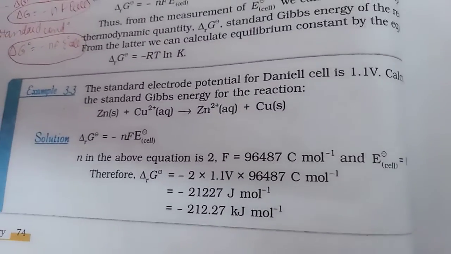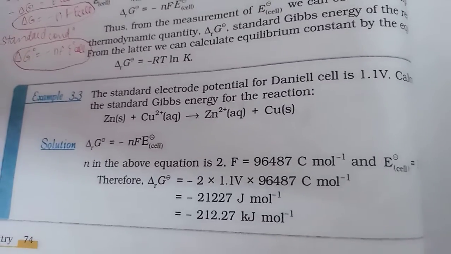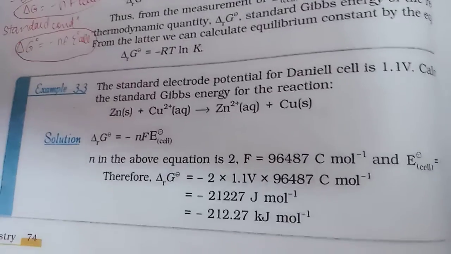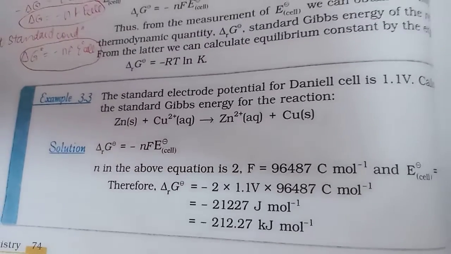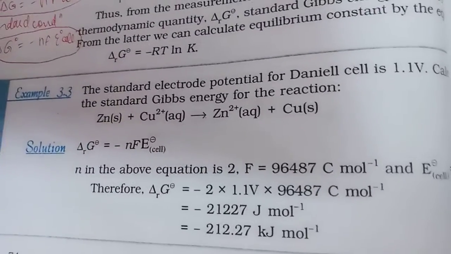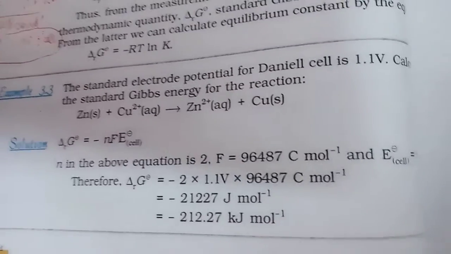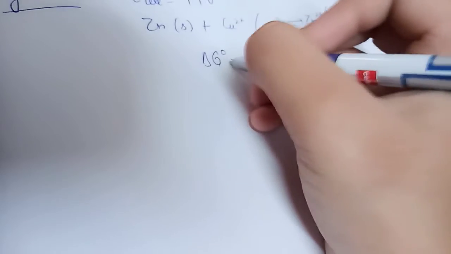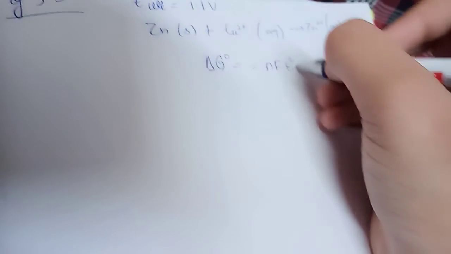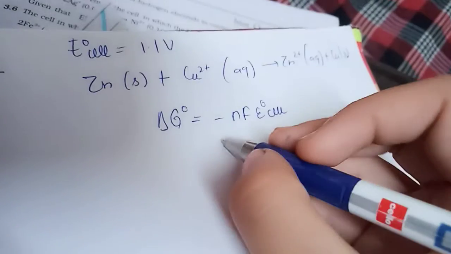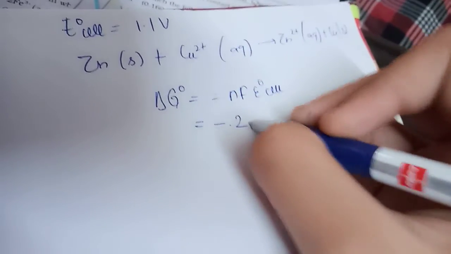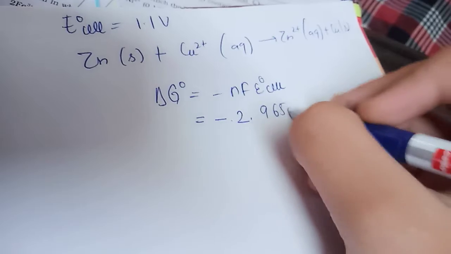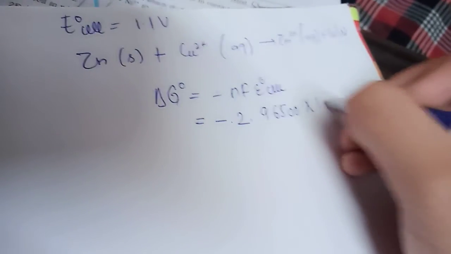Example 3.3. Standard electrode potential is given, means E naught cell is given as 1.1 volt. Zn solid plus Cu2 positive aqueous gives Zn2 positive aqueous plus Cu solid. Need to find standard Gibbs free energy. It is delta G naught equals minus nF E naught cell. It is minus of 2 into F, which is 96500, into 1.1.